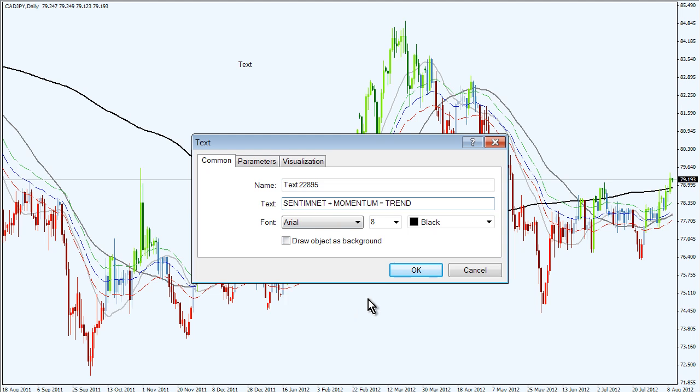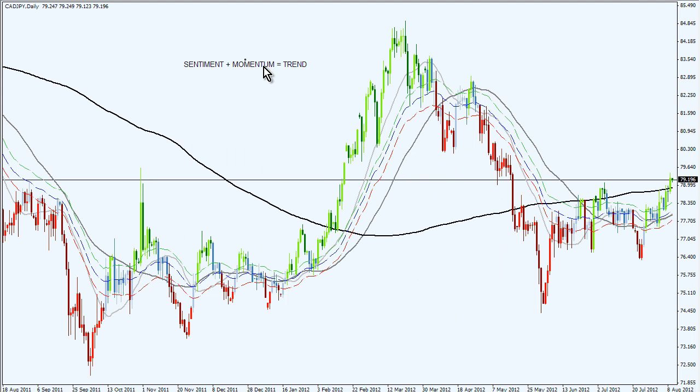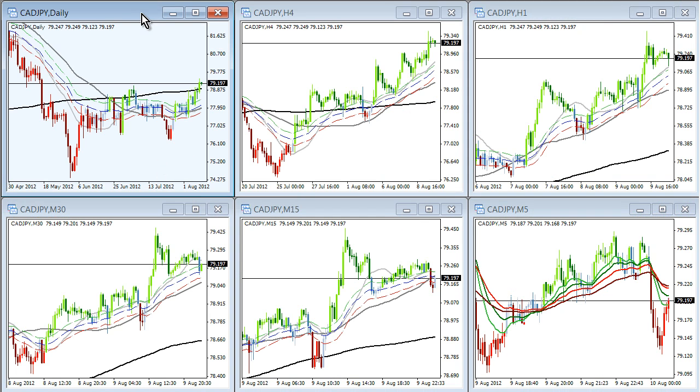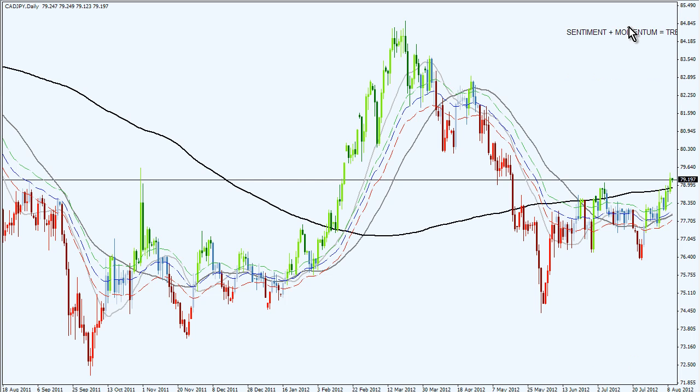And what that means is, if you have organized sentiment, people are thinking a certain way, at some point, they'll act. The action is the momentum. If we have enough momentum in the market, at some point, if it continues, we're likely to have a trend.